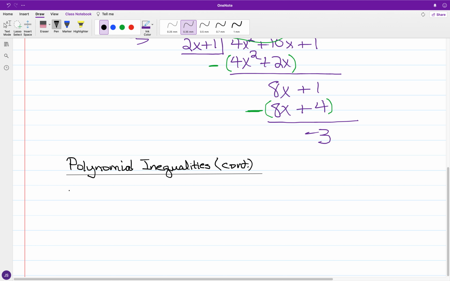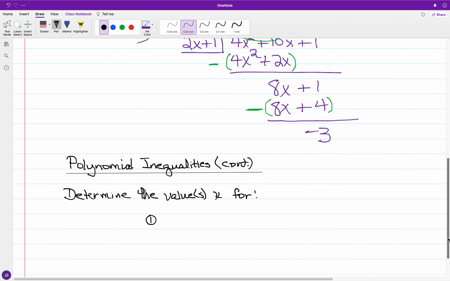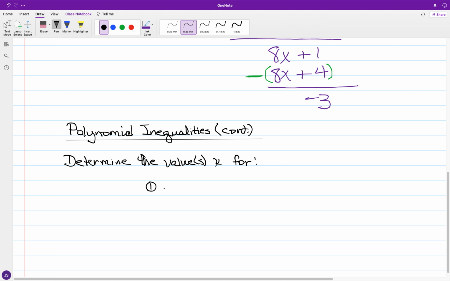Let's say I were to determine the values of x, and first of all, just taking this as an example.